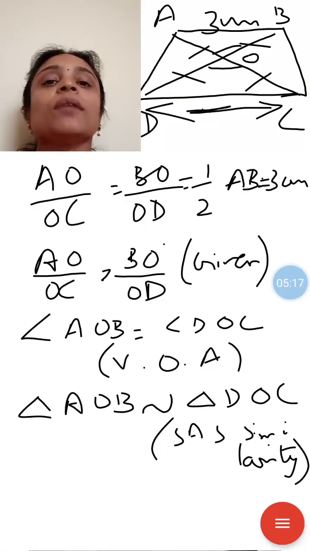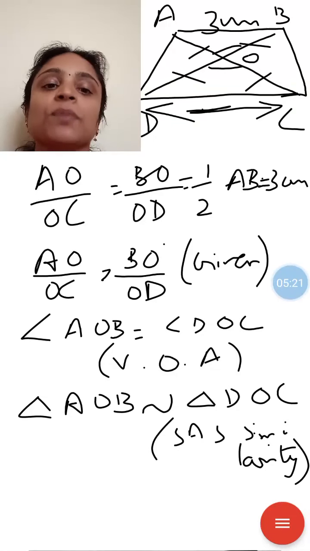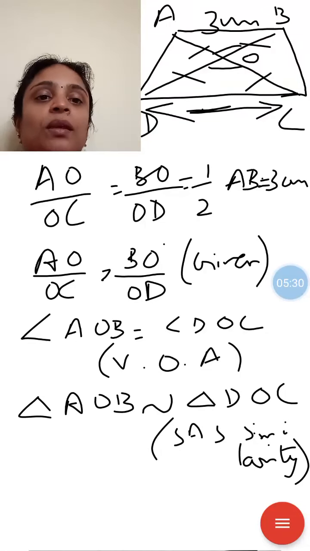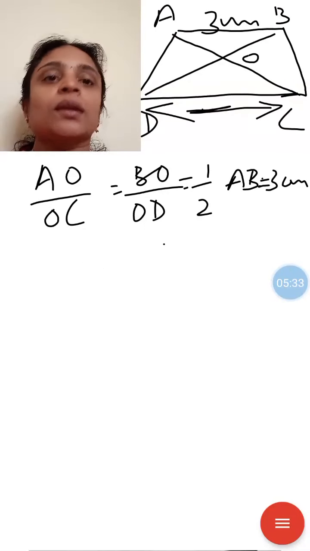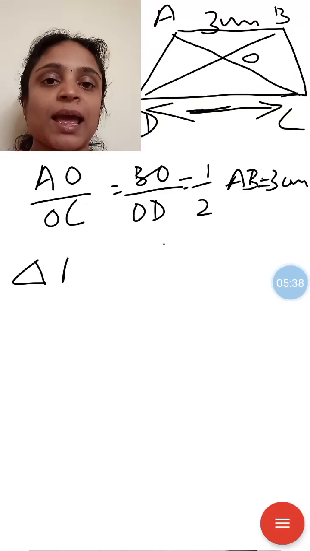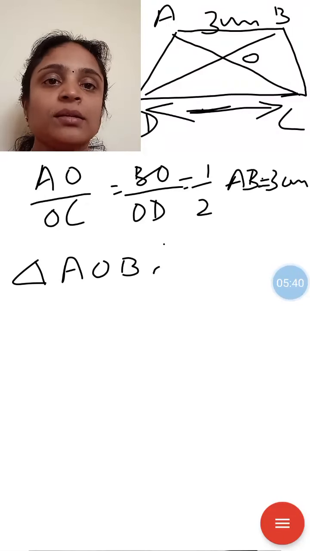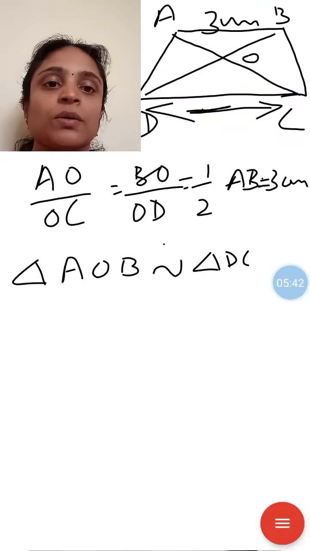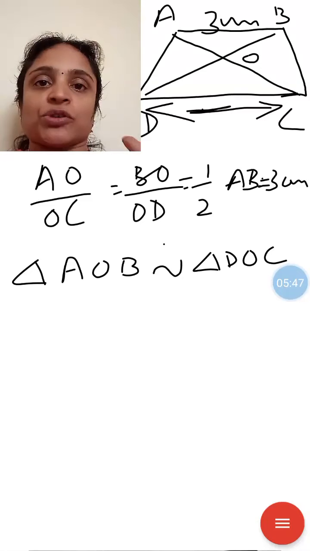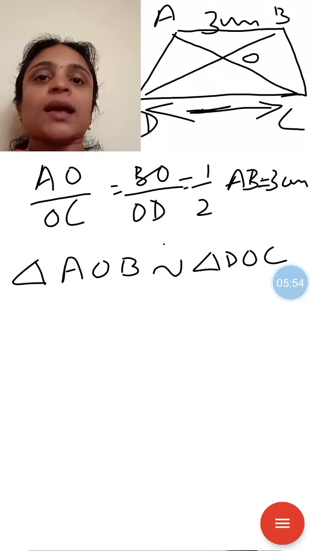So, we got that triangle AOB is similar to triangle DOC. Understood? Now, since triangle AOB and triangle DOC are similar, their sides are proportional.